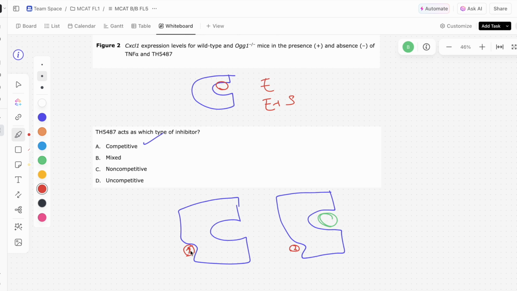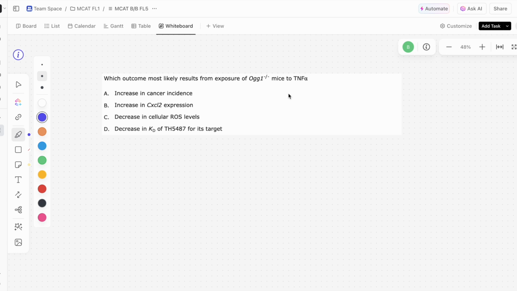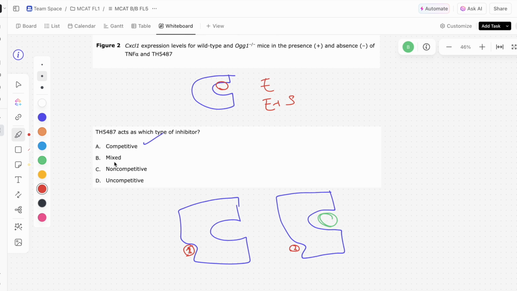That's a specific type of inhibitor that doesn't prefer either. The inhibitor can equally bind the enzyme by itself without its substrate, and it can also bind the enzyme with its substrate at equal affinity. So that's what these two mean. But again, these cannot be the answer choices since that's not the definition of TH5487 that we're given.